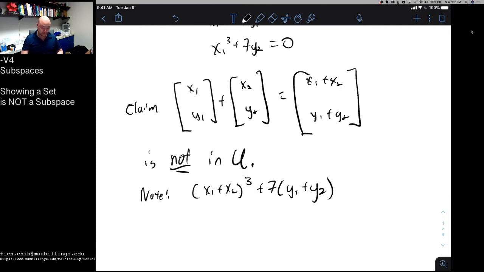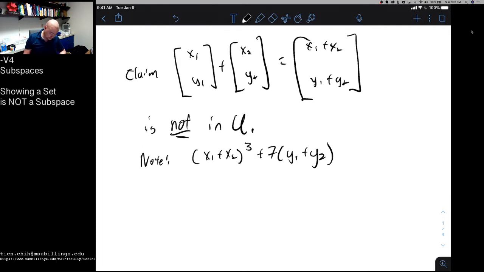So if I work out what this actually is going to be, well, x1 plus x2 cubed is going to be x1 cubed plus 3x1 squared x2 plus 3x1 x2 squared plus x2 cubed, and then plus 7y1 plus 7y2.